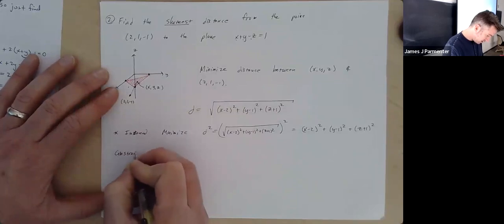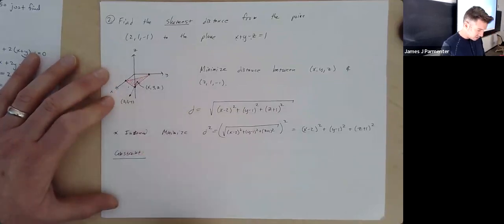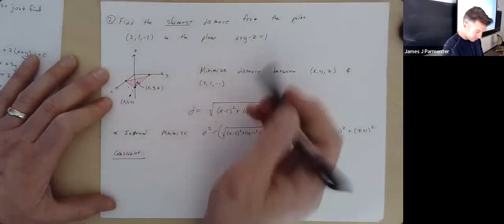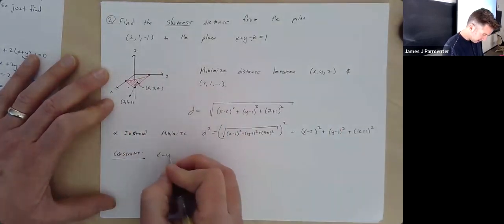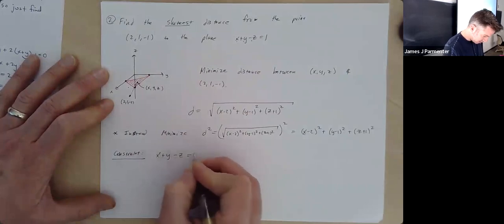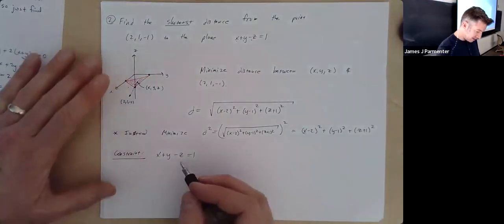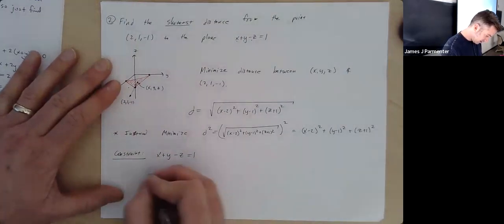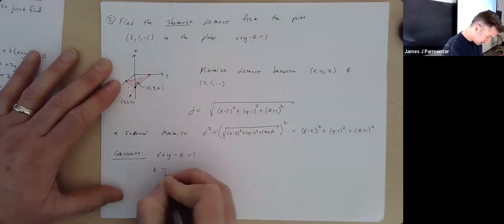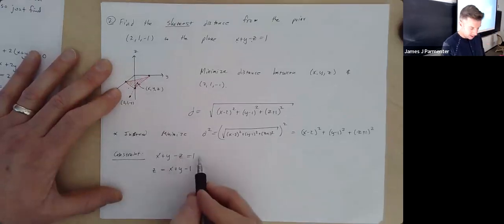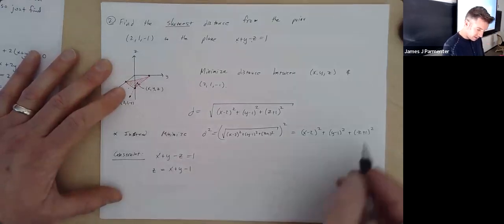Then we need our constraint. Our constraining piece of information is that this point has to be on this plane. So we have x plus y minus z equals 1. And here I would make the usual choice and isolate z. So z is equal to x plus y minus 1. Essentially, I brought the z over to the right and the 1 over to the left. And I'm going to plug that in here.